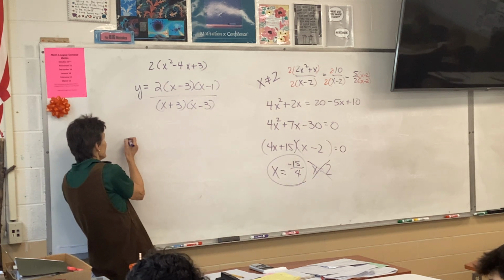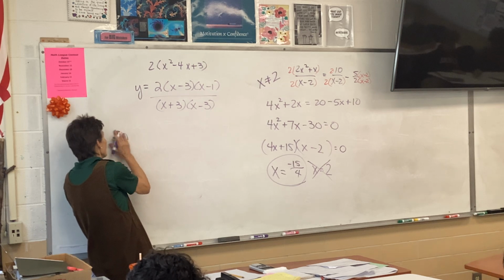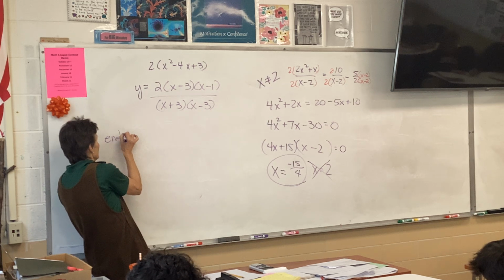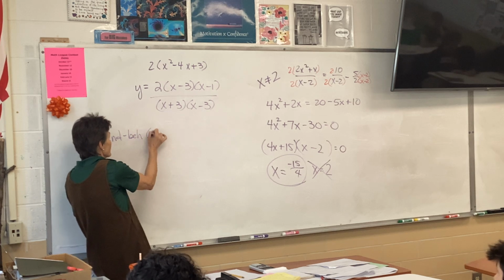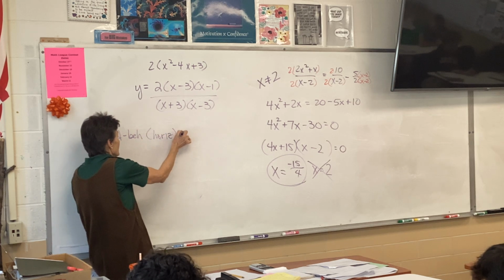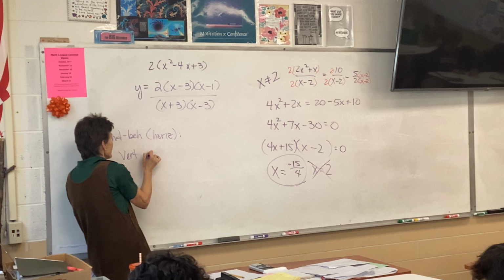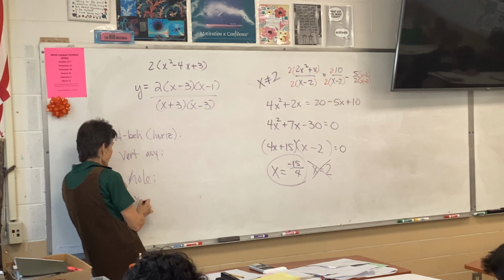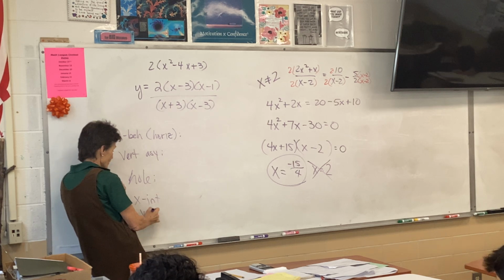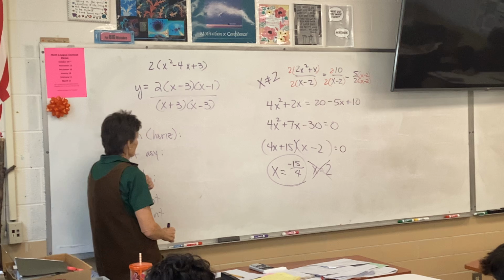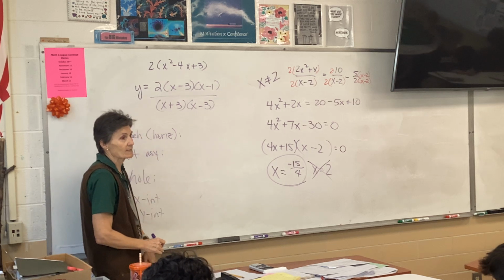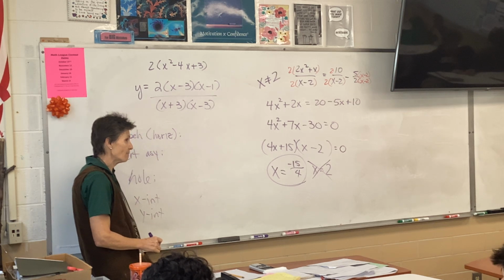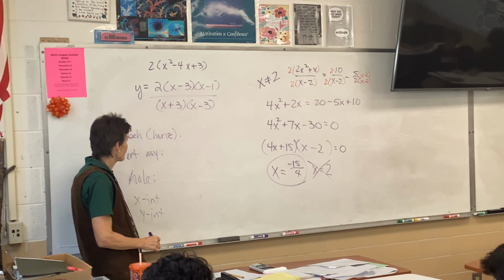So that would mean we need to find the horizontal asymptote, or I'll call it end behavior. Could be, in this problem, it'll be horizontal. We need to find our vertical asymptote. And then we need holes. If we have a hole, we need to find it. And then the x-intercept and y-intercept. So basically, they're asking me for all that stuff. I don't need to graph it unless you want to.